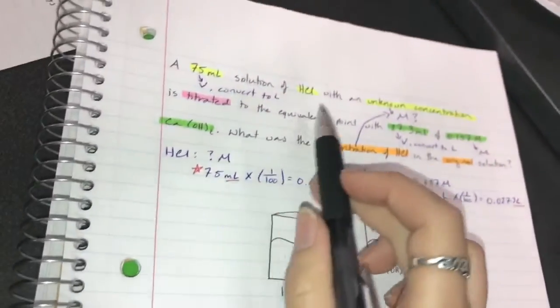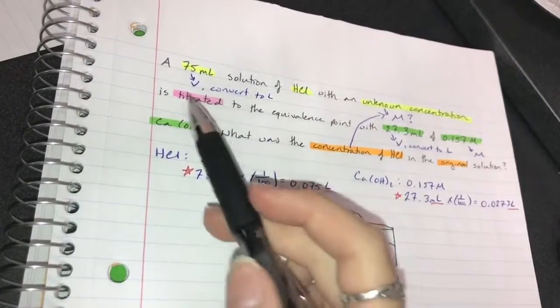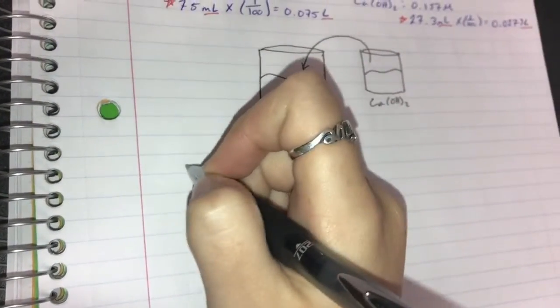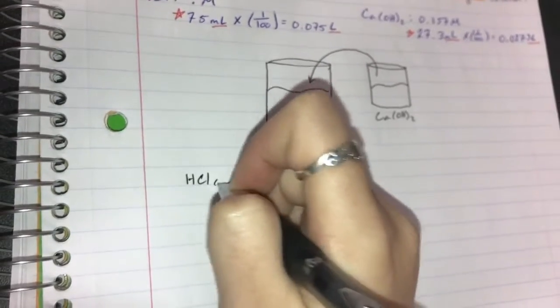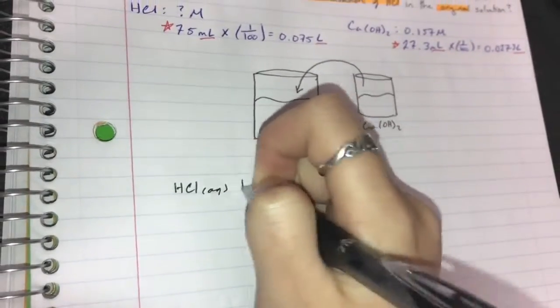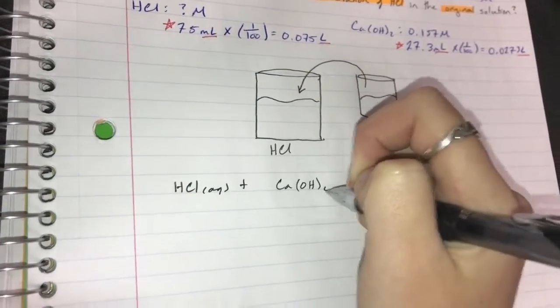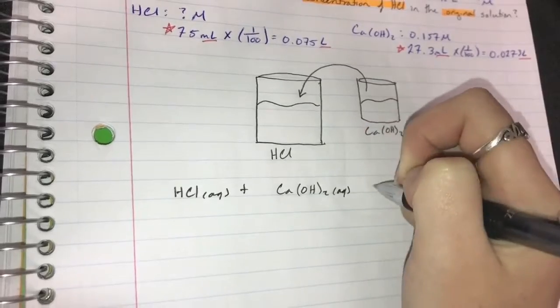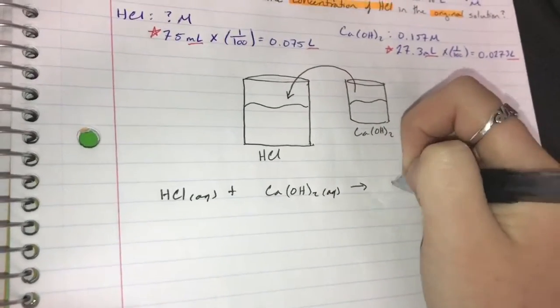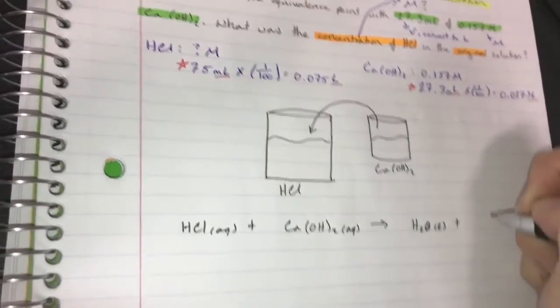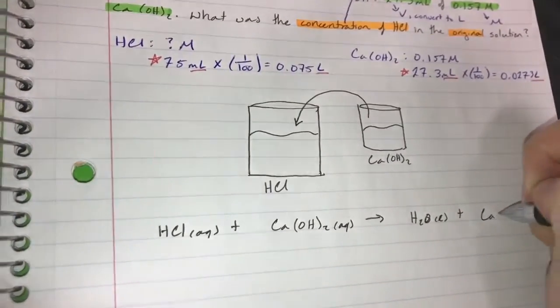Now something we know we can do straight off the bat, because we have two different chemicals, they're being titrated together, so a reaction is happening. So what we can do is go and write the balanced reaction. So we're going to have hydrochloric acid plus calcium hydroxide yields H2O and calcium chloride.